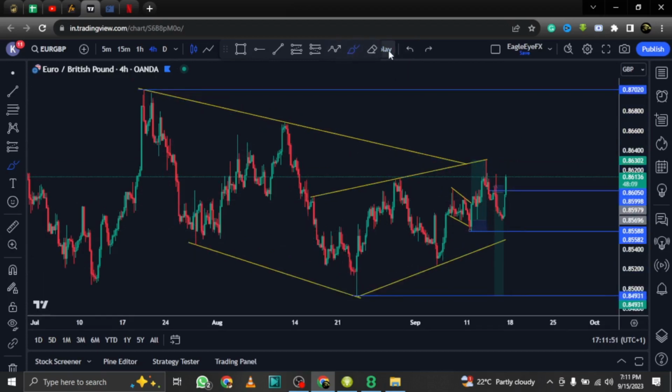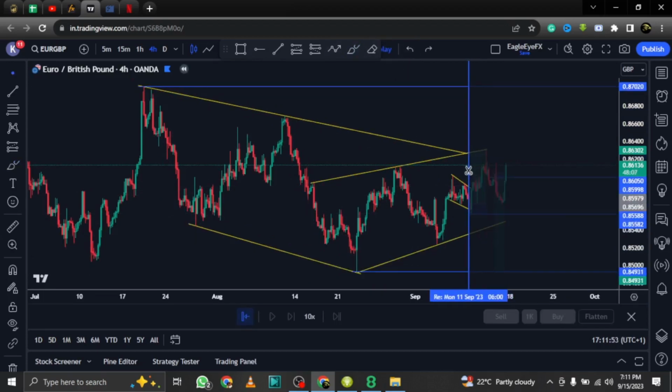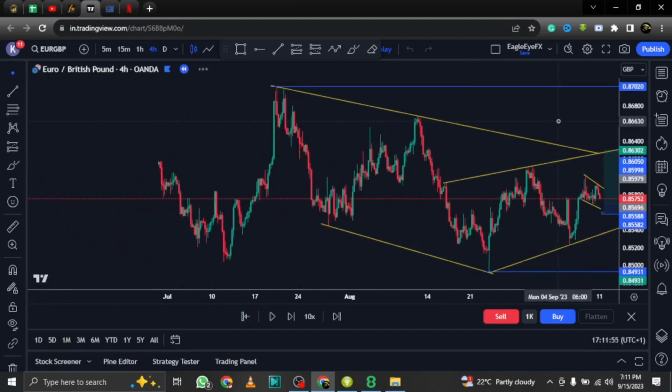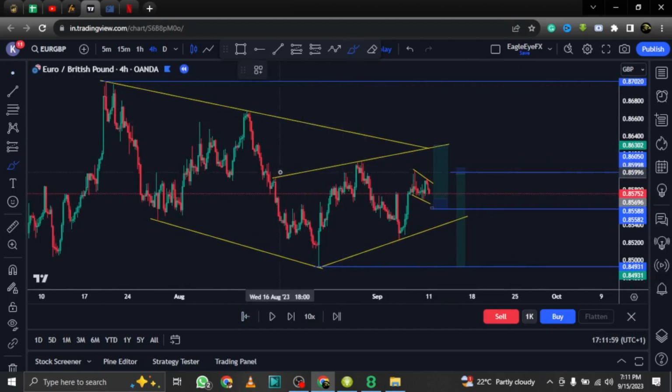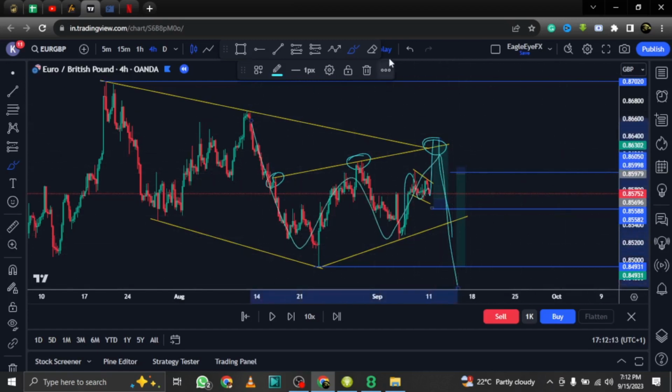So it was somewhere around here. There was a first touch here, a second touch, and I saw this impulse move and this correction, and I knew that this market would have to complete this maybe before it goes back. Then this becomes an impulse move, correction, then continuation.